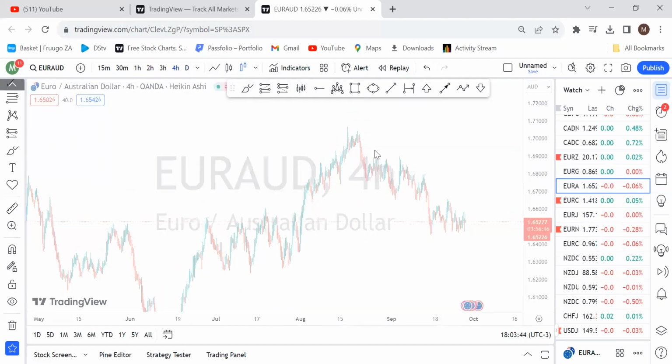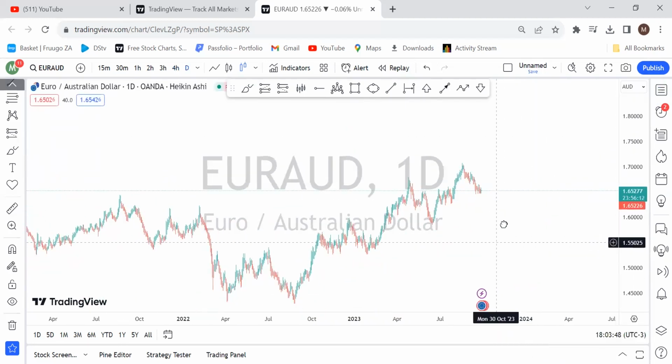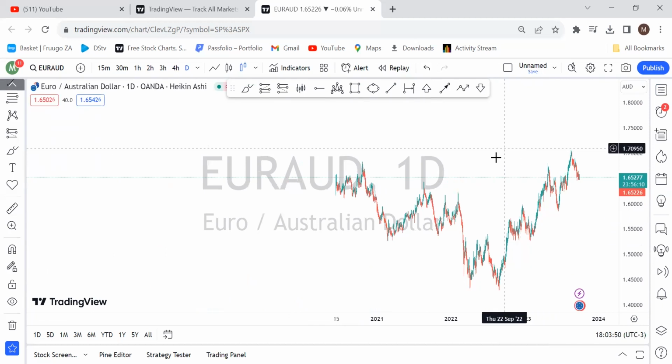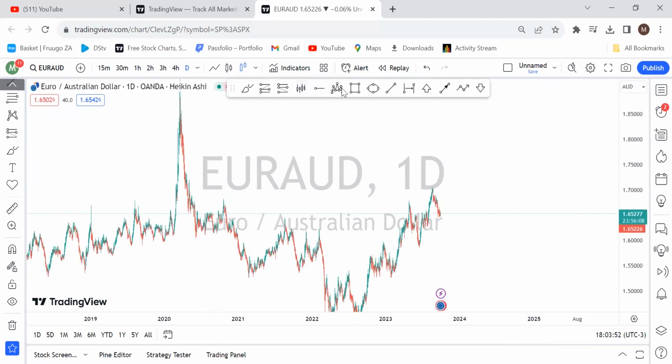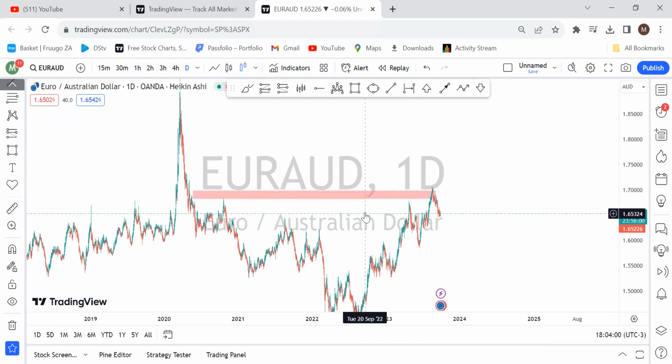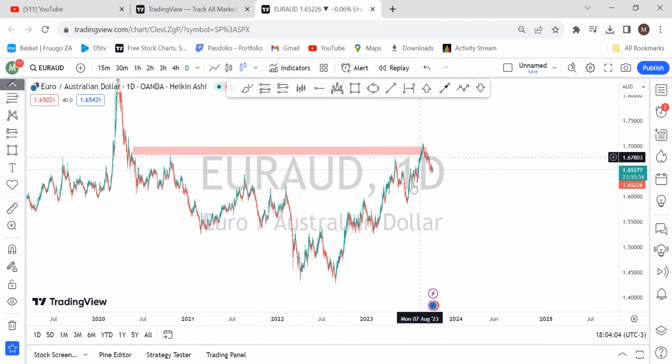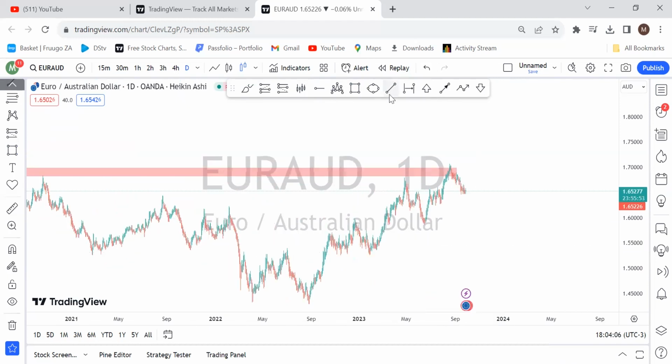Euro AUD. I'm gonna go to the daily, see if we have previous highs that we are respecting. Okay, seems like it. And how did the price reach this level? Got there correctively.